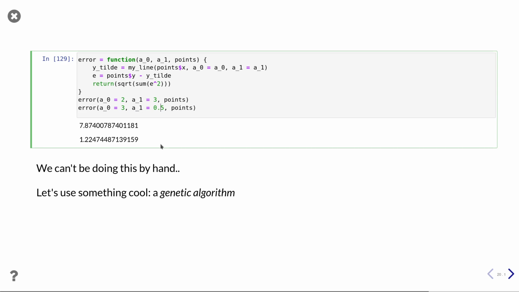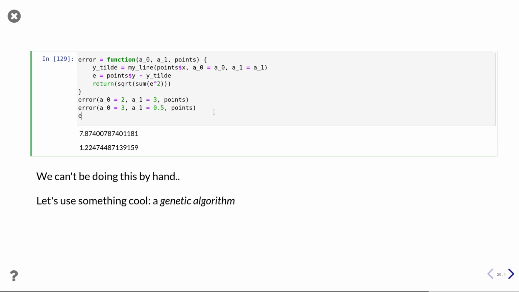Now, we could do this by hand a little bit and say, well, perhaps maybe my error would be a bit better if I made my intercept, let's say 3.1 instead of 3, and I made my slope a little less.